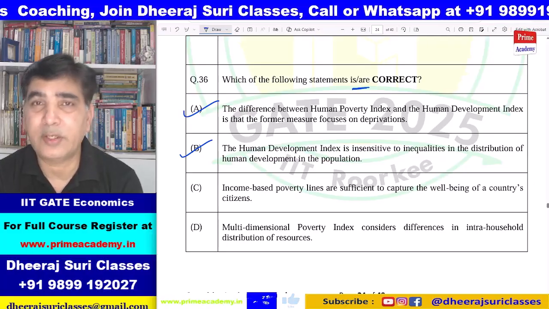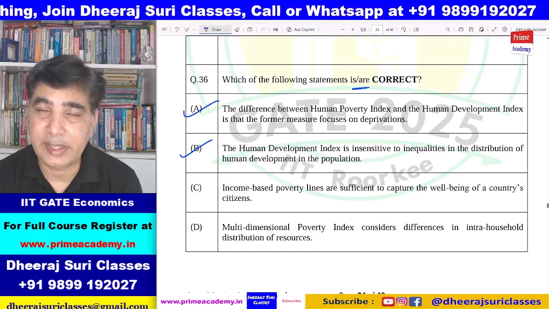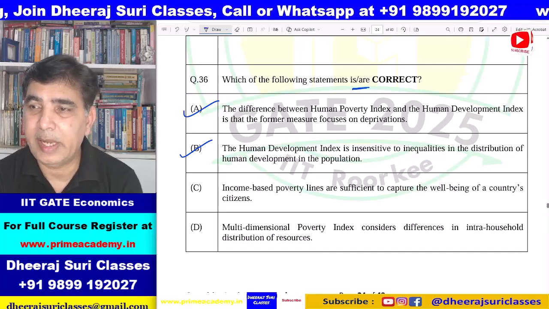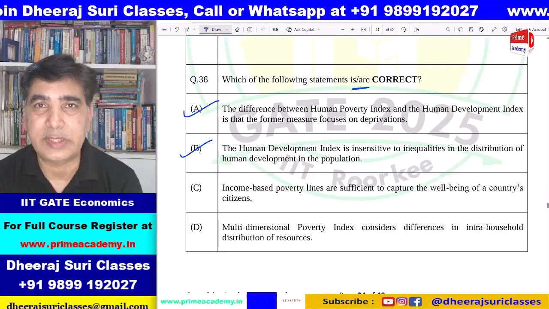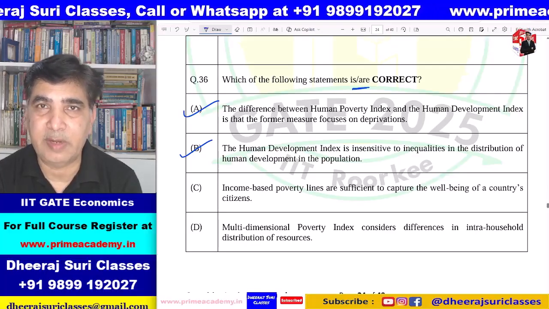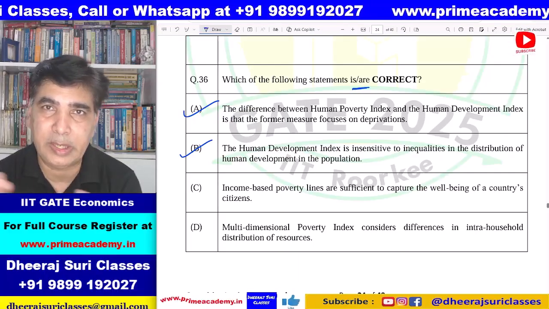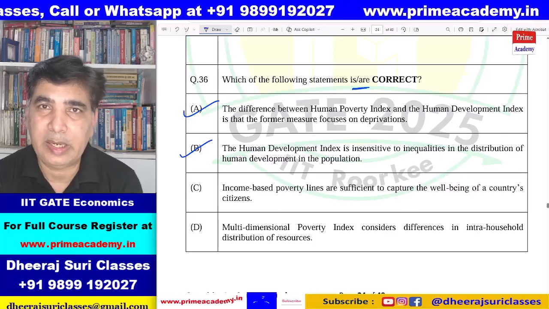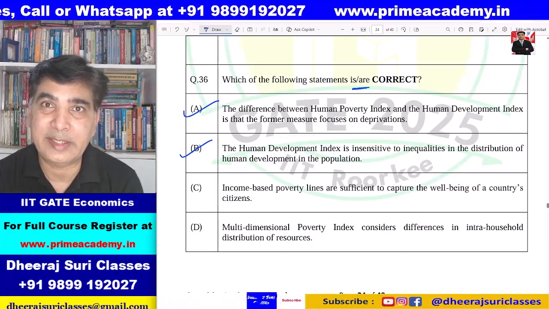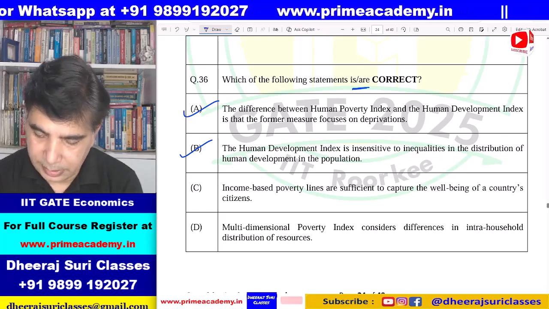Maybe there are fewer options available to the girl child, more options available to the male child. The persons in the age group of 35 to 60 have more power, they enjoy more resources available in the family, and the persons who are above 60 or below 20 get fewer resources. So only income is not the criterion, there are many other things. So C is not correct.